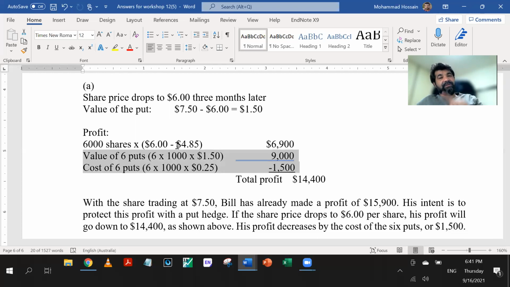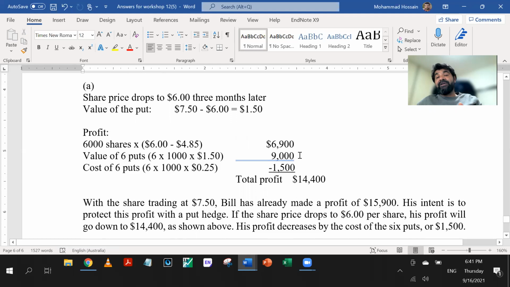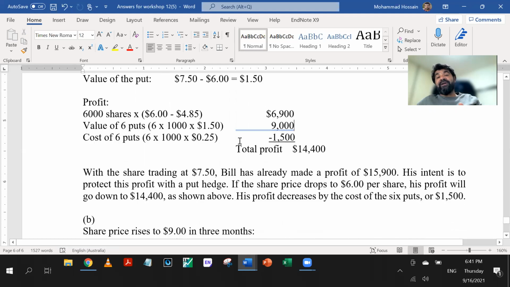If he did not have these put options, how much profit would he have made? He would have made 6 minus 4.85, so $6,900 profit. But because of the value of the 6 puts, he'll be making $9,000 on top of that. Total profit will be $14,400.